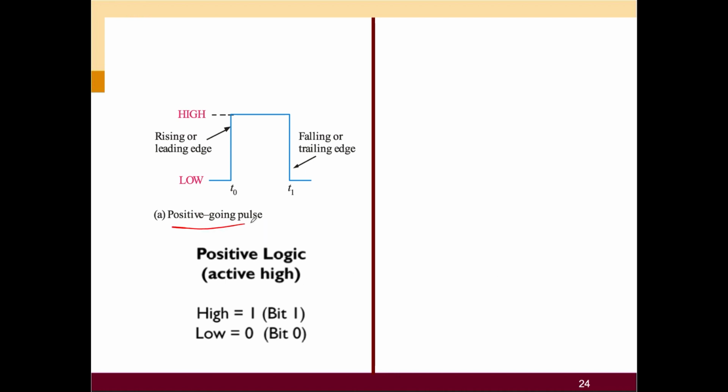So this is under a positive going pulse. How it looks like is from low it will go to the high. So from high, of course, you're going to low, but this is the process, which is it will change from low to high. You call it as positive going pulse.